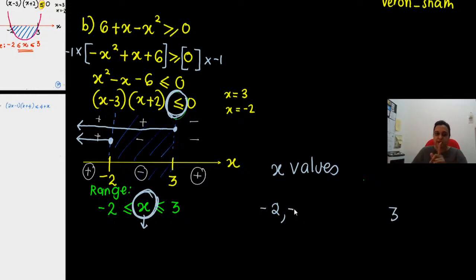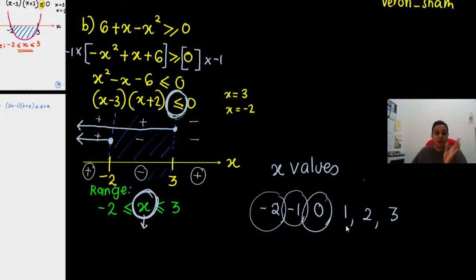So -2, -1, 0, 1, 2 and 3, correct? The range is between -2 to 3. But if you want the exact value of X, it will definitely be -2, -1 and 0, because 1, 2, 3 cannot be smaller than 0.